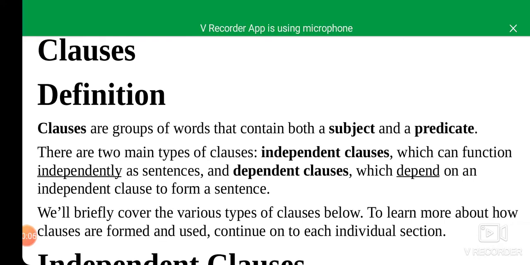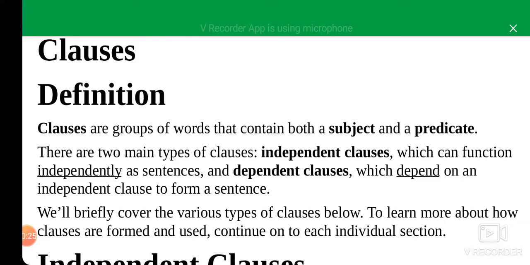The topic of today's video lecture is clauses. Clauses have too much importance in English grammar. From a linguistics point of view, it has got much importance.